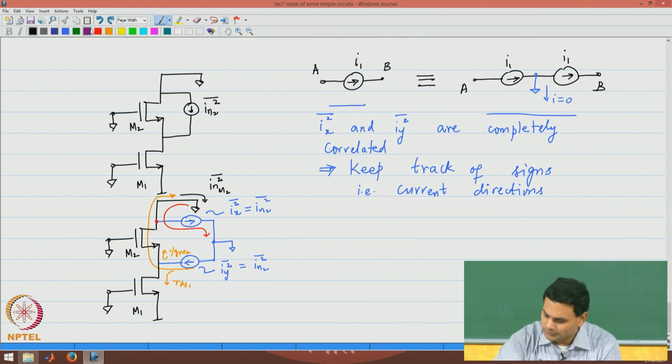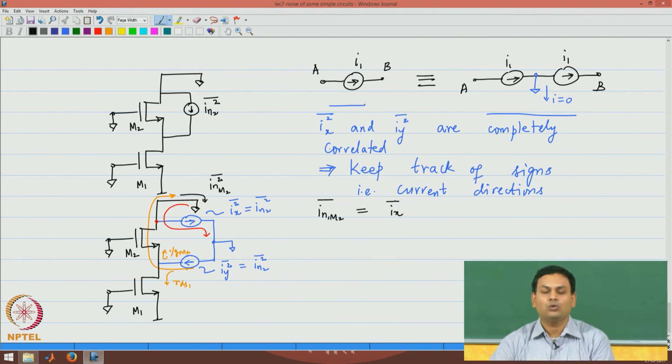So therefore, now we no longer deal with mean squared quantities because we have to keep track of correlations, and therefore we have to talk about the signal with the signs involved.